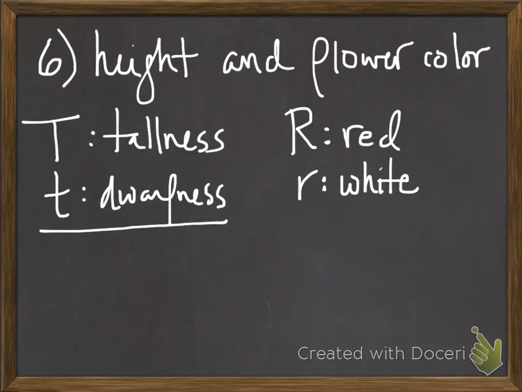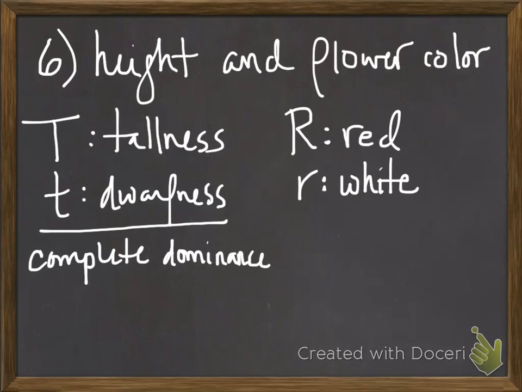For height, these alleles display a relationship that involves complete dominance. That means the capital T is a fully dominant allele. So a plant that is big T, big T, or big T, little t, will be tall.